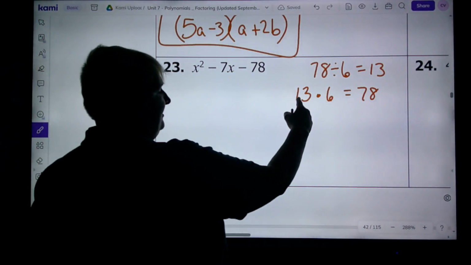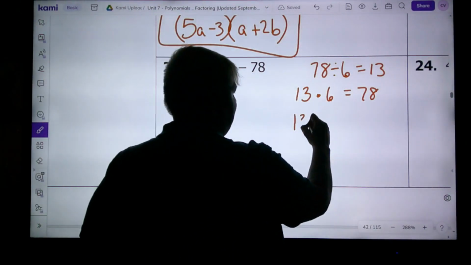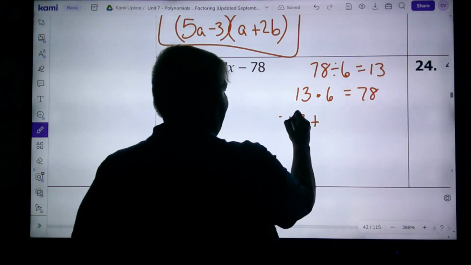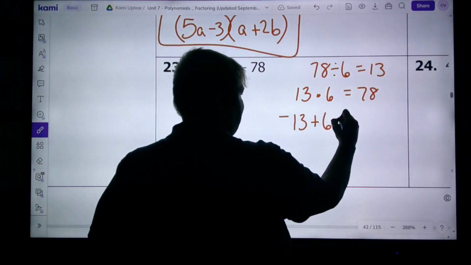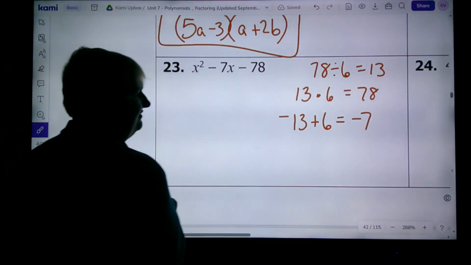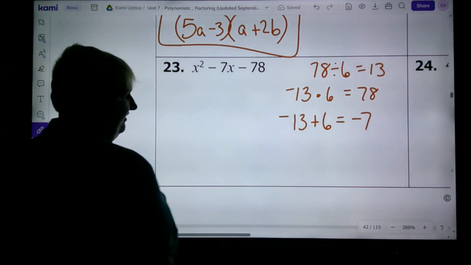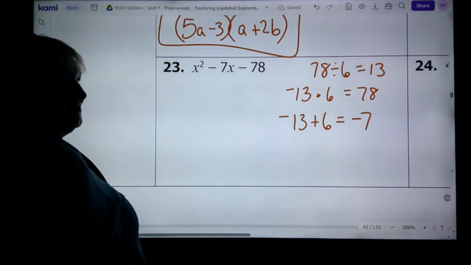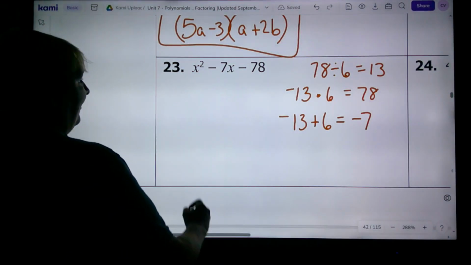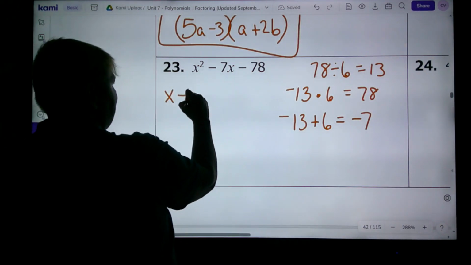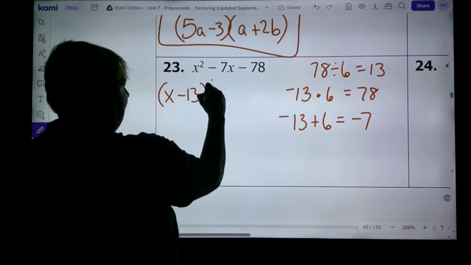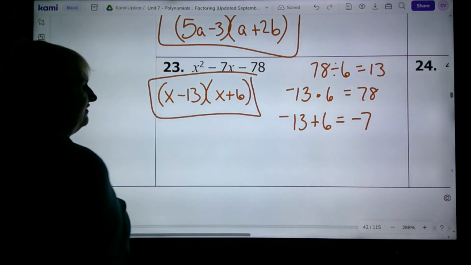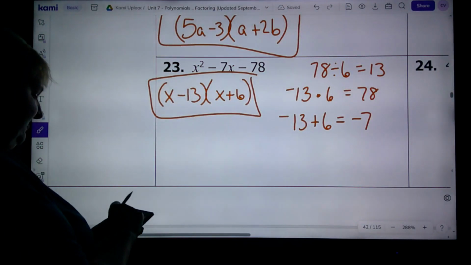One of them has to be negative. So, let's see, negative 13 plus 6 will give us negative 7. That means this one has to be negative. Because the middle is negative, the bigger number is going to be negative. Alright, so we already know it's going to be x minus 13, x plus 6. Just like that. Thank you, calculator.